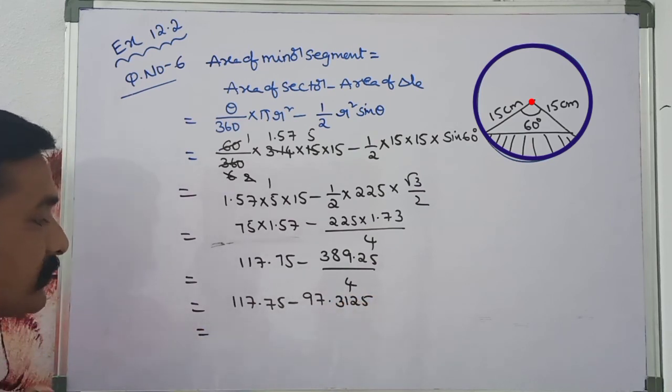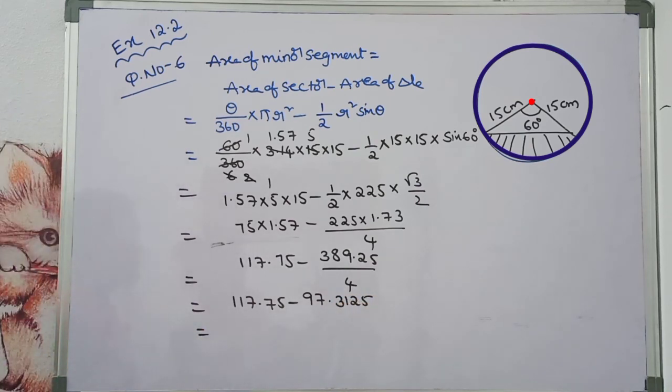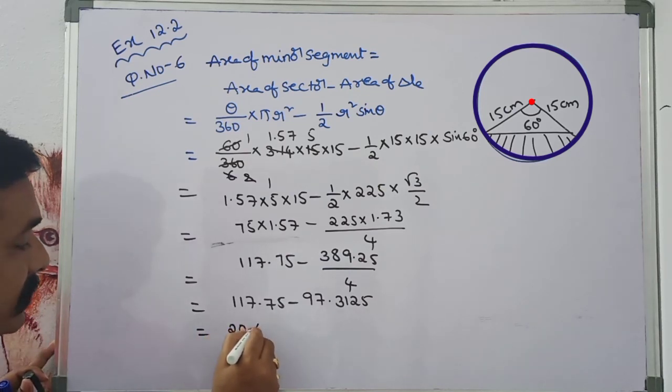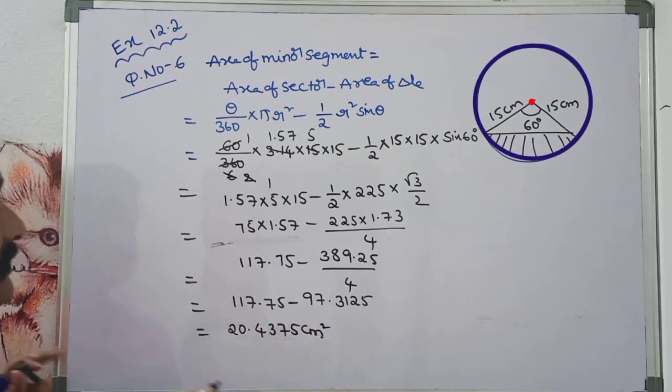Subtracting this part, we get 20.4375 centimeter square. This is the area of the minor segment.